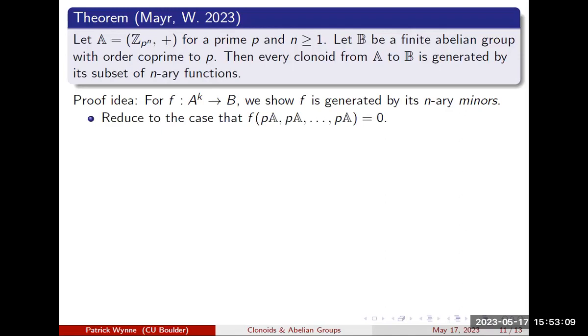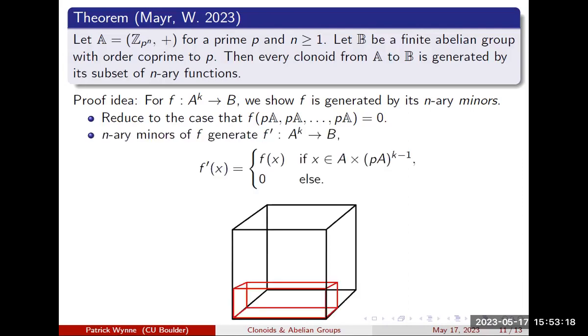First we're going to reduce to the case where f is 0 on the maximal submodule, or the maximal subgroup, p times A. And then from here we can interpolate f on some subset, so we can reconstruct a function that looks like f on this red box and is 0 outside of that red box. So on A times p times A to the power k minus 1, this function just looks like f. Everywhere else, this function is just 0.